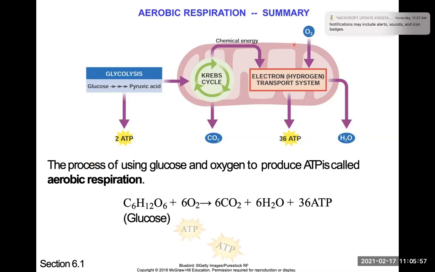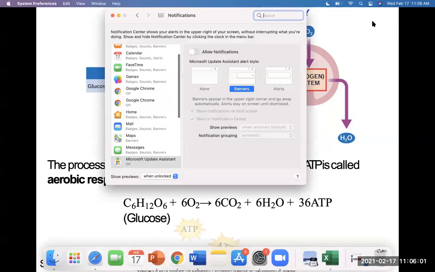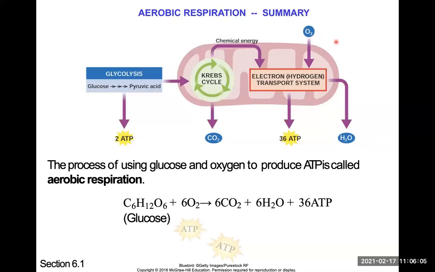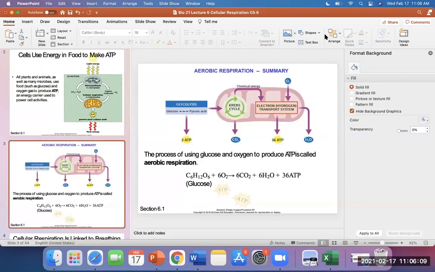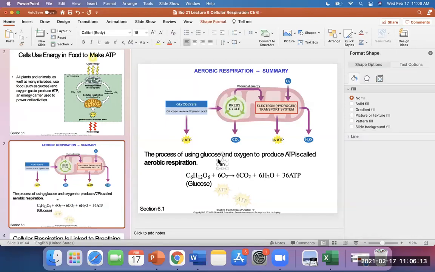Anybody knows what aerobic means? What does aerobic mean? With oxygen. Sorry about that. I don't know what happened there. So aerobic means with oxygen. And then if you take AN and put it in front of aerobic, that means without oxygen.